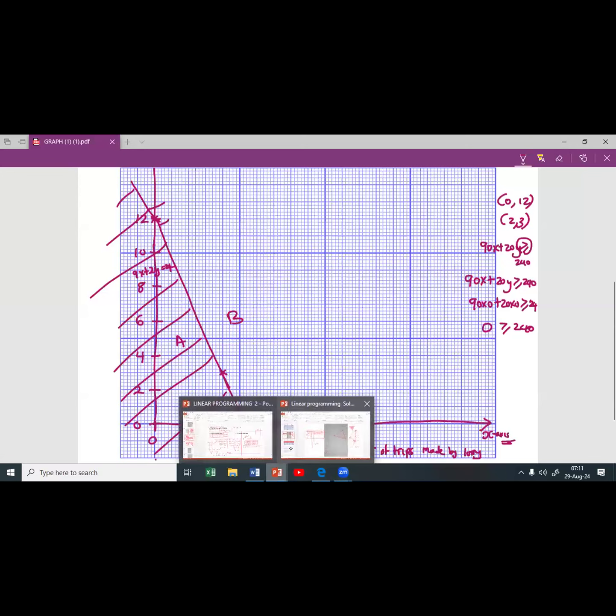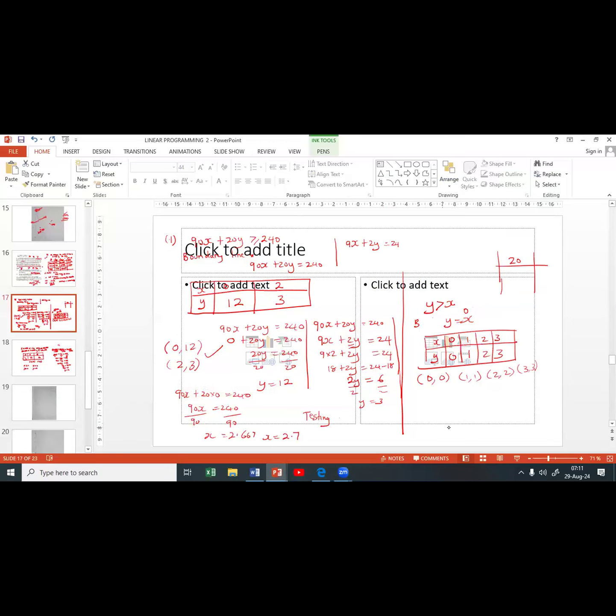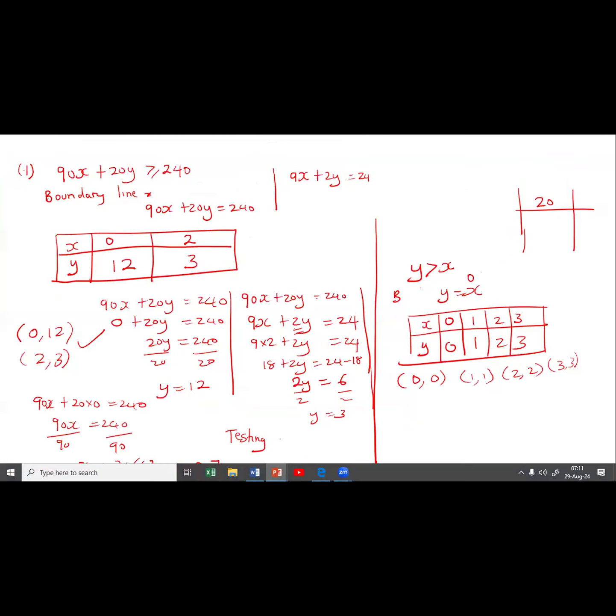I thought in the table you put 2 instead of 0, so it's a little bit confusing. You put 9 times 2 instead of 0. I thought it's supposed to be 0.